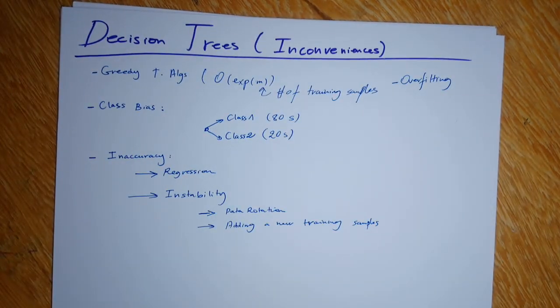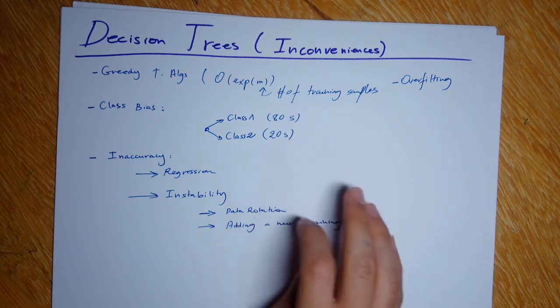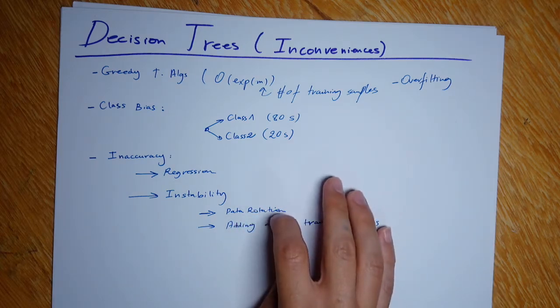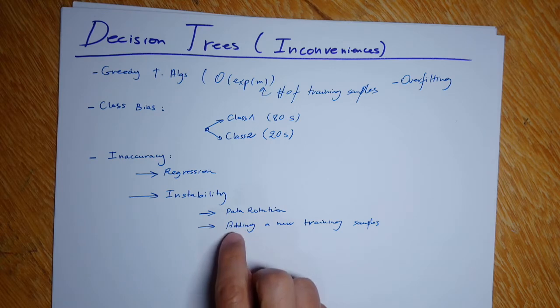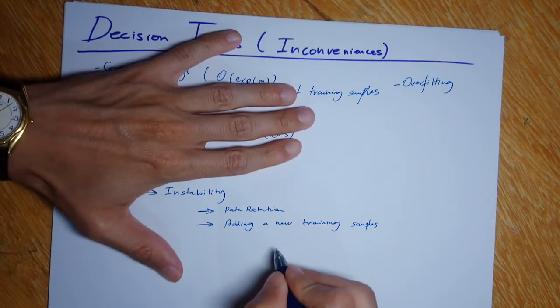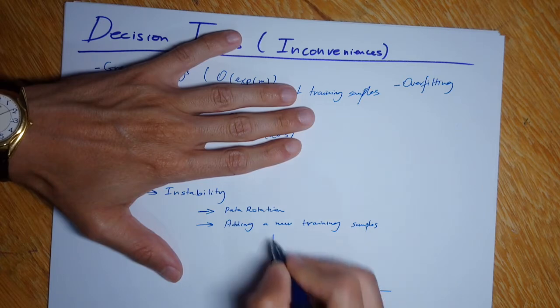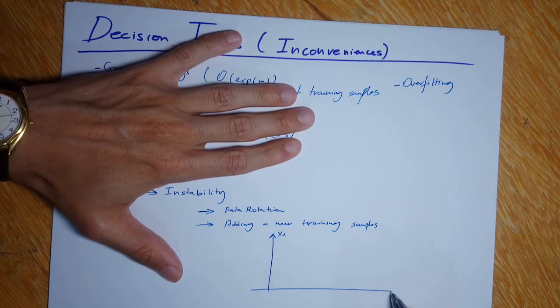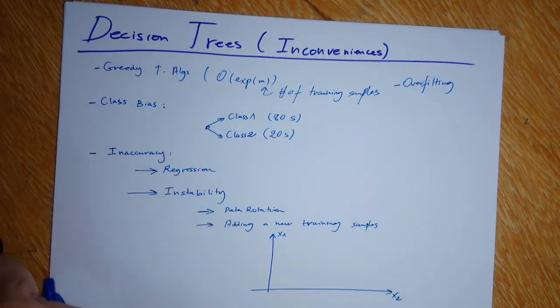Now, I talked here about the issue of data rotation and why it's a problem. Now I will talk about how adding a new training sample can also create model instability. So for example, say that I have two features, x1 and x2, and the samples I collected are distributed this way.